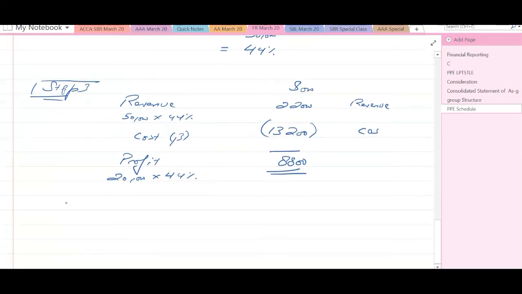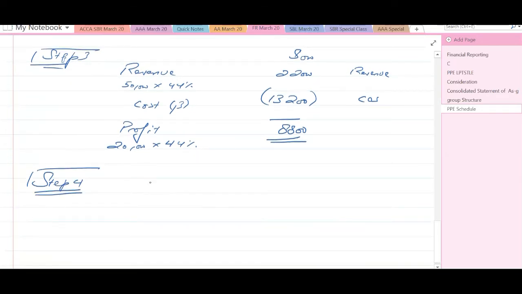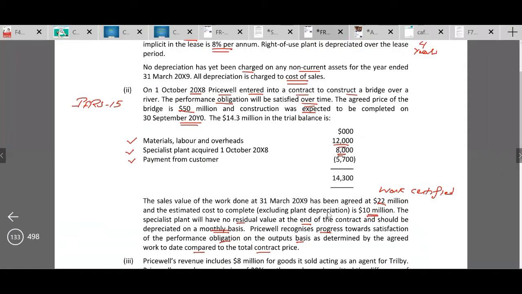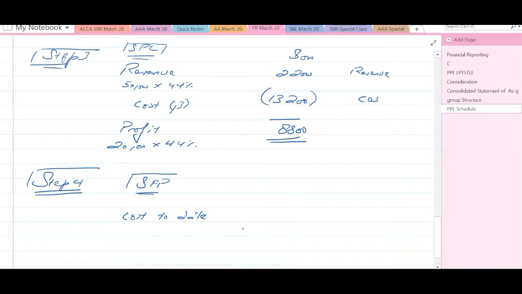Step number four. Statement of financial position. This was statement of profit or loss. Cost to date. Cost to date was 12,000.